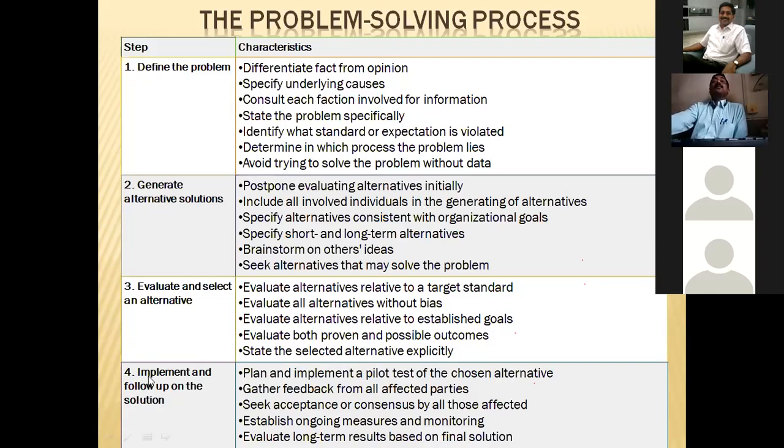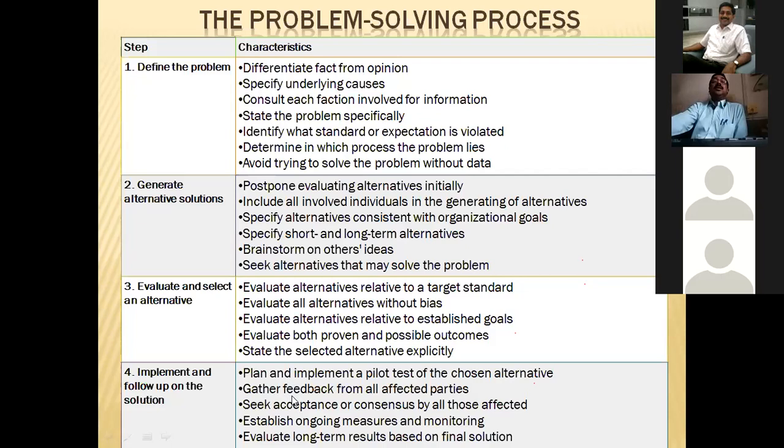Okay, and the last step is implement and follow up on the solution. Now, when we get the best solution, we have to plan and implement a pilot test on the chosen alternative. Gather feedback from all affected parties, seek acceptance and consensus of those affected, establish ongoing measures and monitoring, and evaluate long-term results based on the final solution.